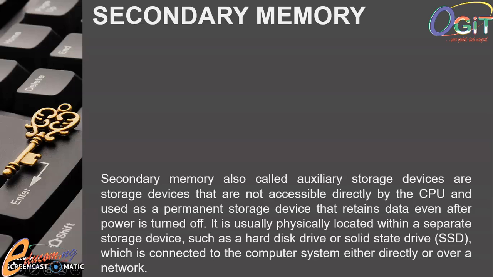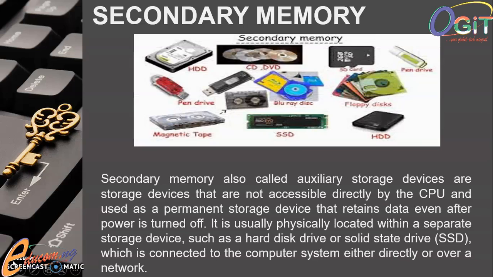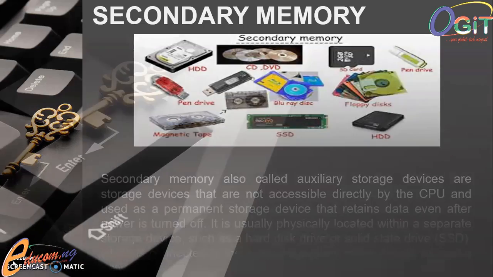It is usually physically located within a separate storage device, such as a hard disk drive or a solid state drive, which is connected to the computer system either directly or over a network. These are examples of secondary memory: the hard disk drive, solid state drive, magnetic tape. Even our popular flash drive is an example of a secondary memory.